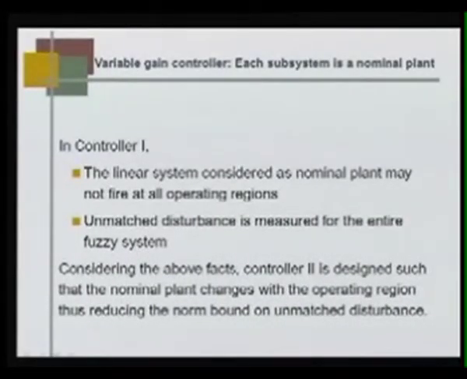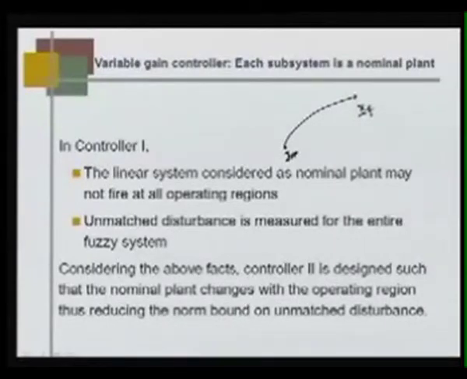In controller 1, the salient points are: the linear system considered as the nominal plant may not fit at all operating regions, as the system is traversing from one point to another, x1 to xf. We have selected the system matrices A and B of a specific subsystem to be the nominal plant.